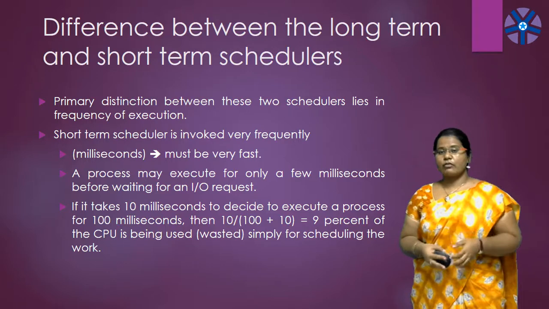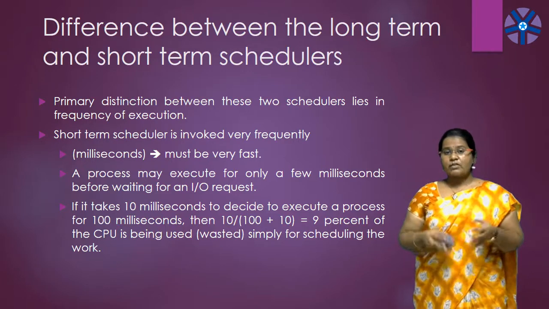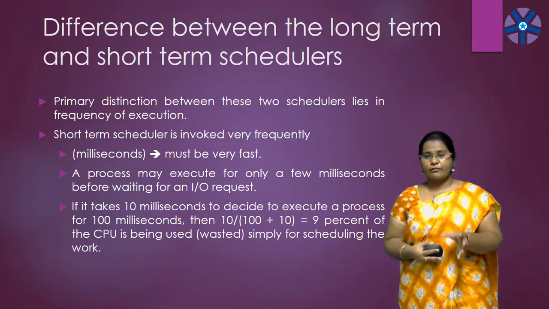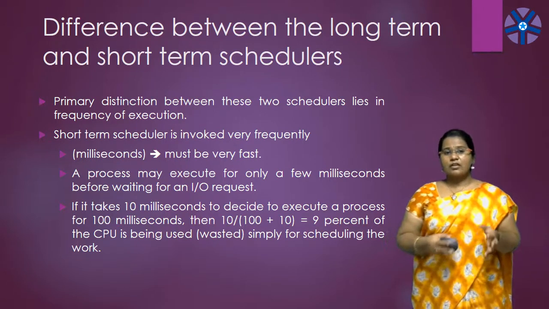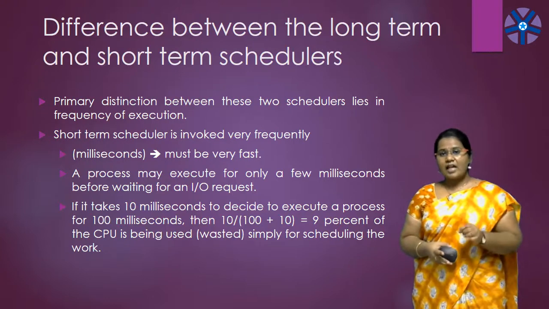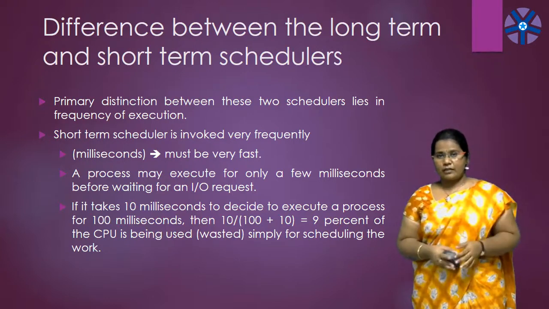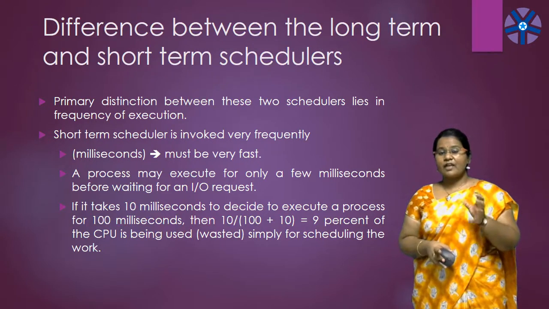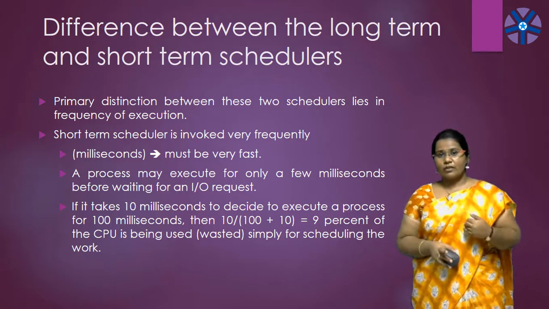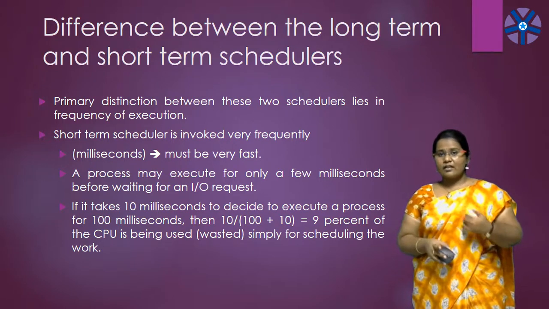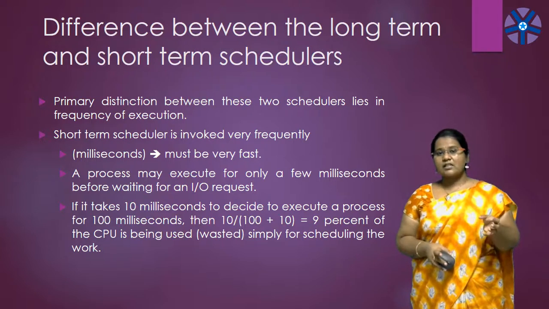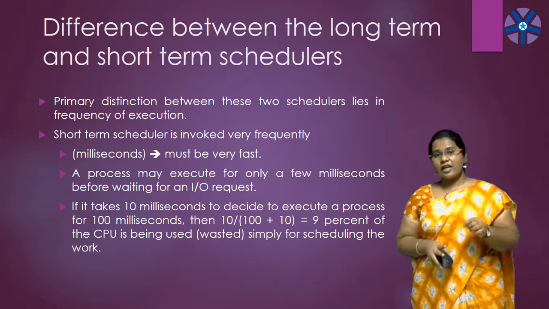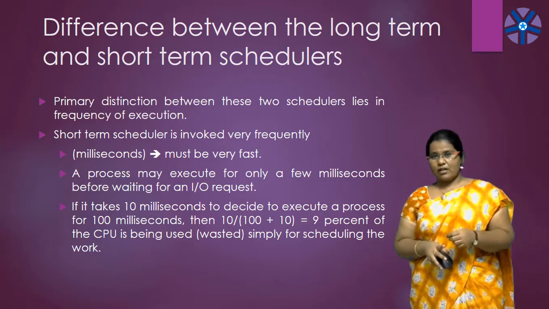When the process comes out of the CPU after executing for a few milliseconds, the short-term scheduler will activate and decide which is the next process to be allocated to the CPU. Say for example, your process has been executed for 100 milliseconds before it comes out for the IO request. When it comes out, let us consider your short-term scheduler takes 10 seconds in order to decide what is the next process to be allocated to the CPU.